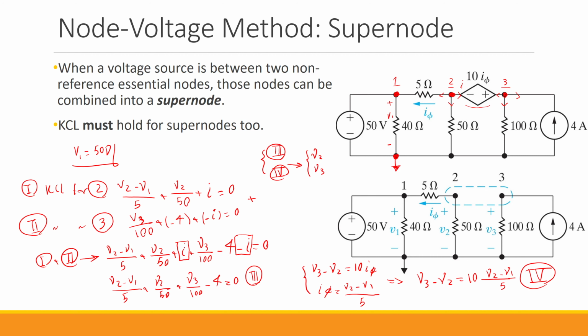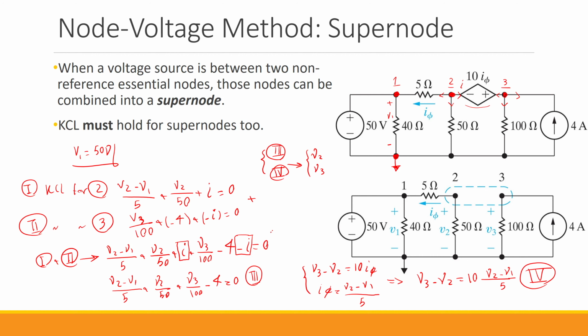But based on these equations, an interesting concept appears, which is the concept of a supernode. Basically, a node that consists of both node 2 and node 3 here, the nodes that are connected by a voltage source. This is what we call the supernode.